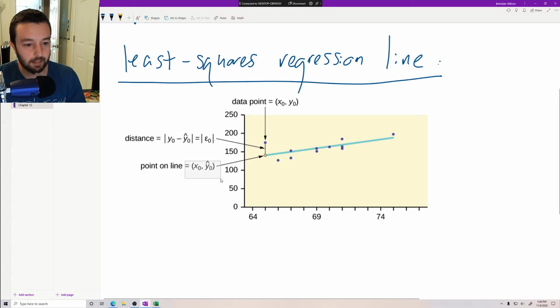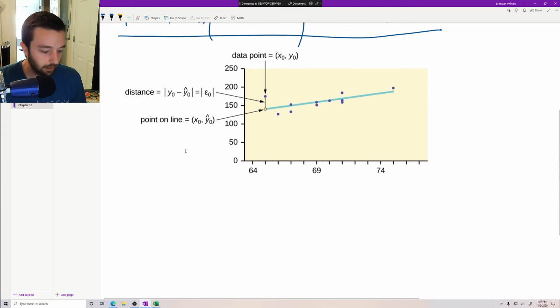A point on the line is referred to as x comma y hat. Okay. Whereas a regular data point is referred to as x comma y. They use the zeros here just to represent that this is the first data point. Okay.